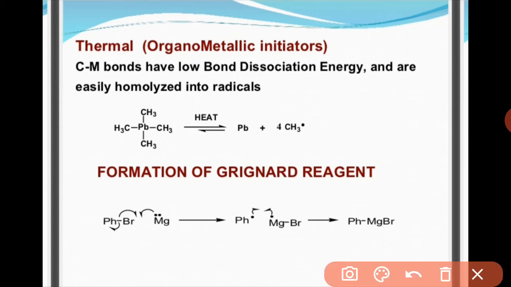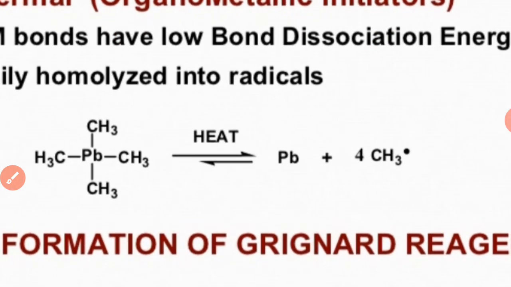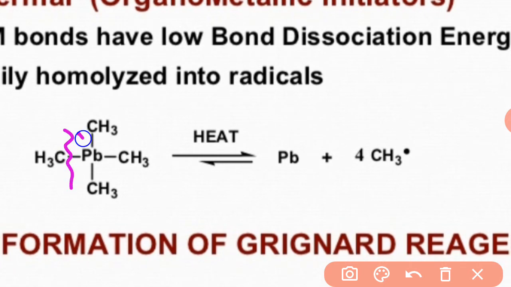You have to remember that fission should always be homolysis, so that both of the products get one free radical each. To break this bond is not so difficult. You just have to lyse this bond.